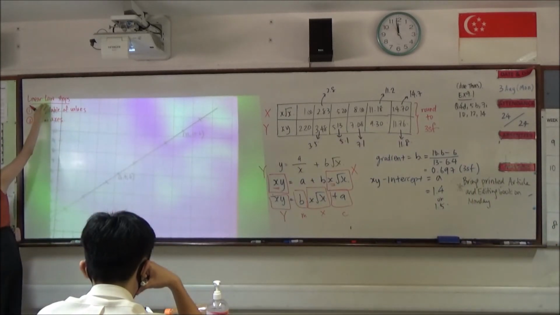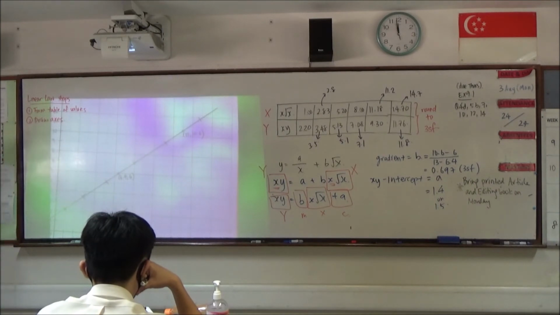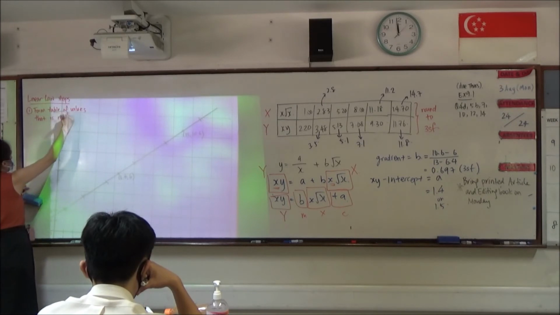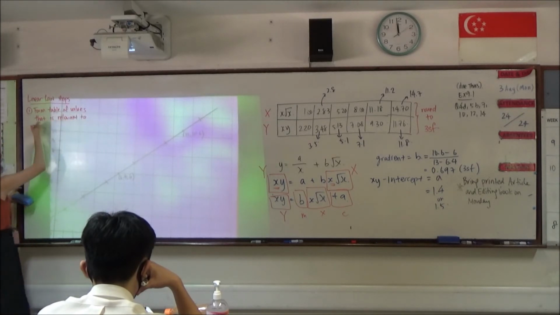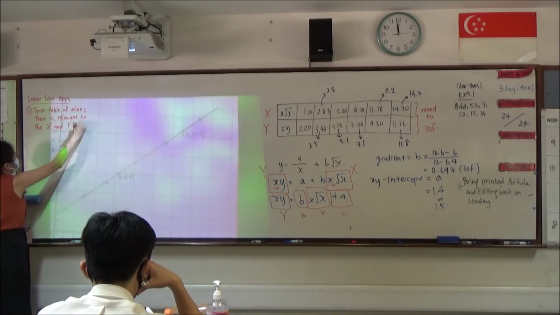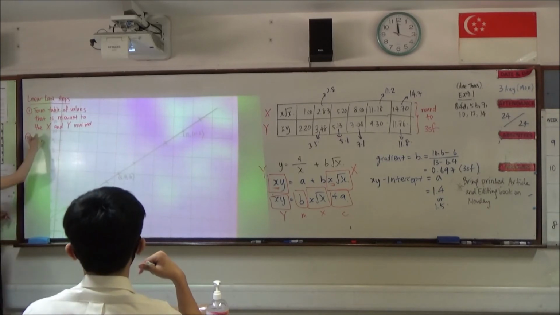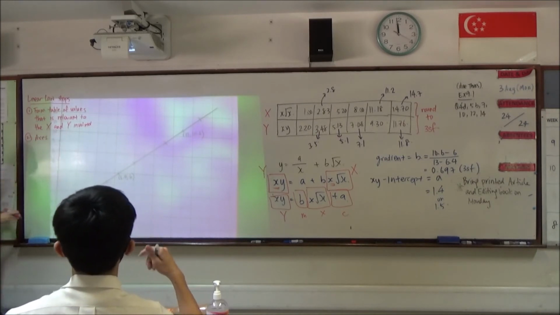Whenever we do linear law, we have to form the table of values first. That is relevant to the axes that we are taking, the big X and big Y involved. Then the second step is the axes themselves.